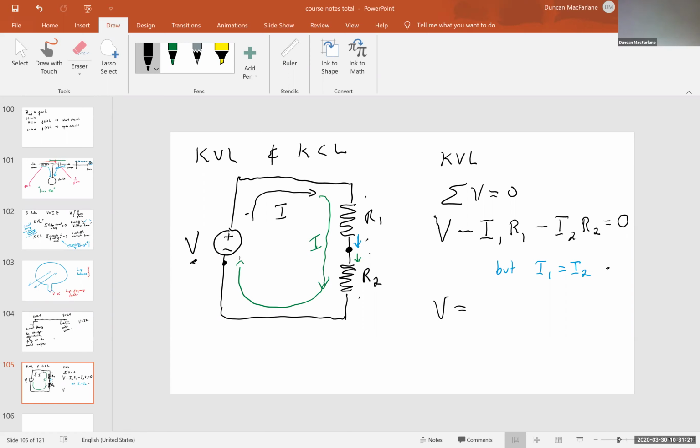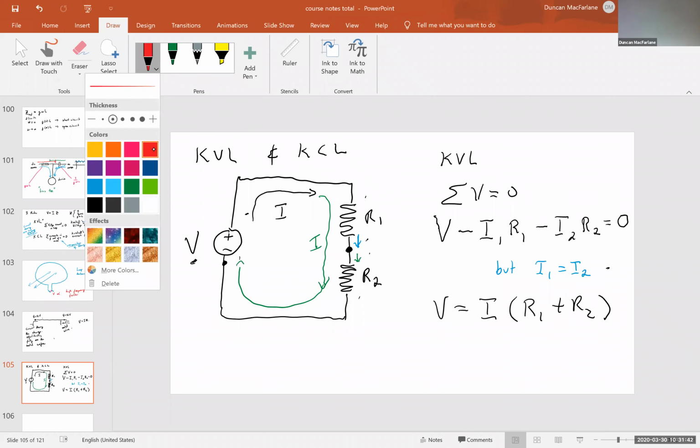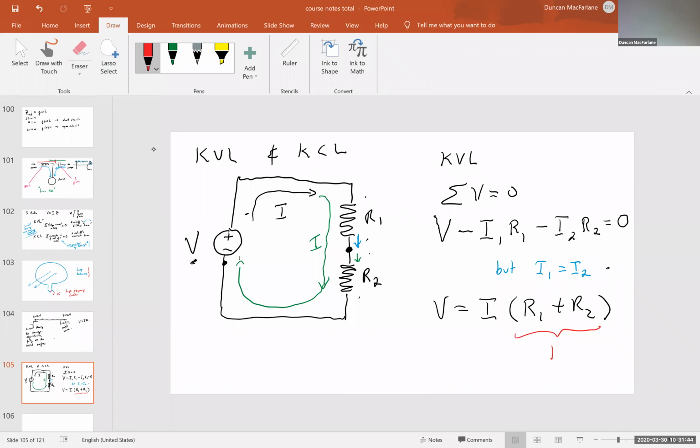So V will equal I times R1 plus R2. And this guy here, I can call an R equivalent.